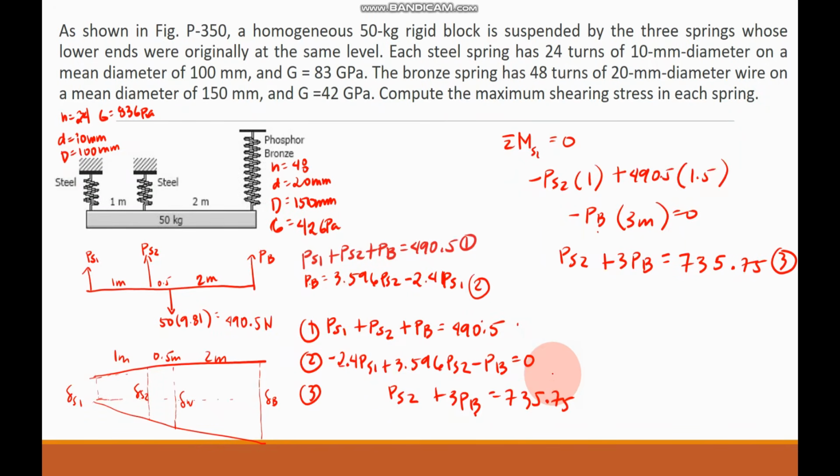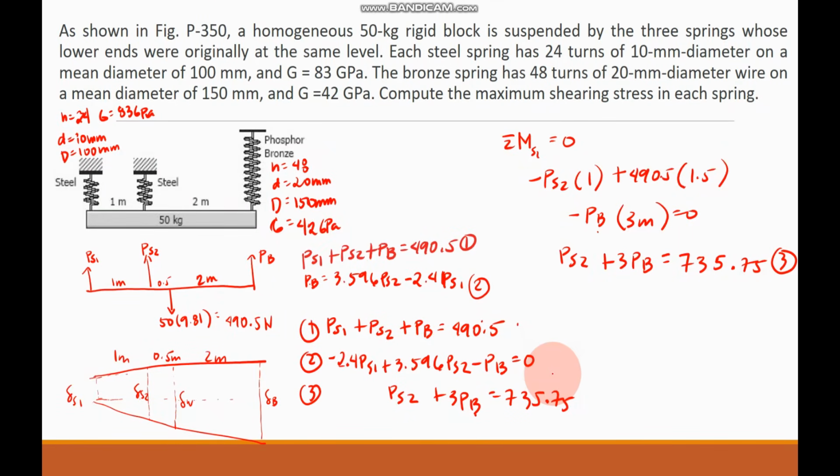So using your calculator, go to mode 5, 2, and then i-enter lang natin yung value ng 1. So PS1 natin for equation 1 is 1, PS2 1, PB 1, and then 490.5. And then for equation number 2, PS1 is negative 2.4, PS2 is 3.596, then PB negative 1, and then 0.